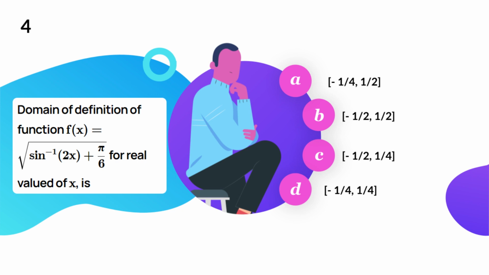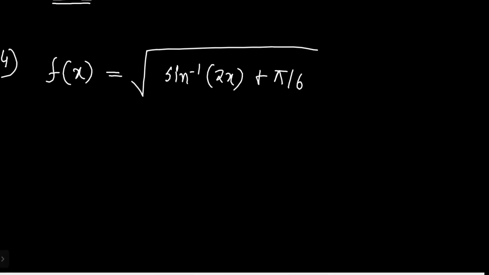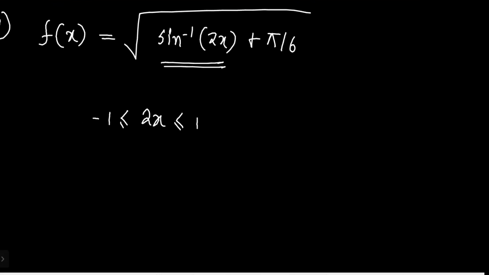We all know that if it is sine inverse x, then x will vary from minus 1 to 1. Here sine inverse 2x is given, so obviously from this we can tell that 2x is lying between 1 and minus 1. From this we can write that x is varying from minus half to half. So this is 1.